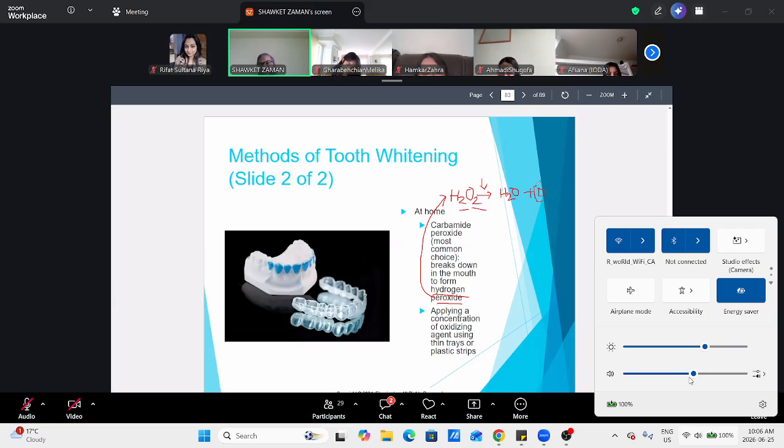This O is the free oxygen, and the water dissolves in the oral cavity. But this oxygen will react with the stain present on the tooth surface, and the tooth becomes white.